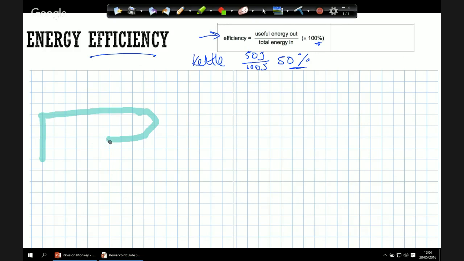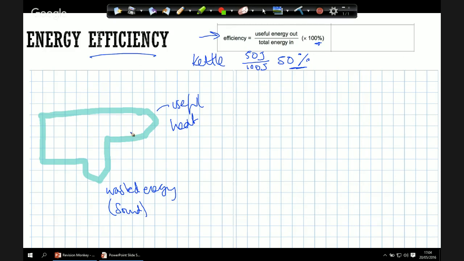It doesn't matter how they give it to you in the exam, but you will have two parts of the diagram, one showing energy out and one showing wasted energy out. If we took the idea of a kettle, this could be the useful energy, which is the heat, and they tend to label these, and this could be the wasted energy, which in the case of a kettle could be something like sound.